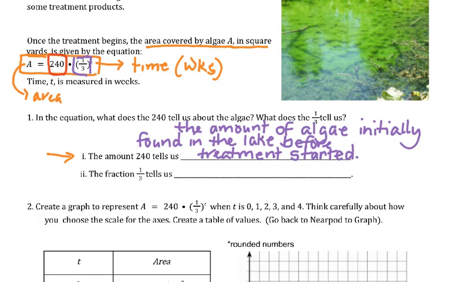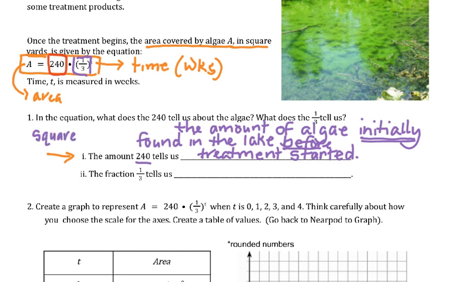Okay, so you could see that I wrote out what the amount 240 tells us: the amount of algae initially, so at the start, found in the lake before they started treating it. They found 240 square yards. So this 240 is 240 square yards of algae.